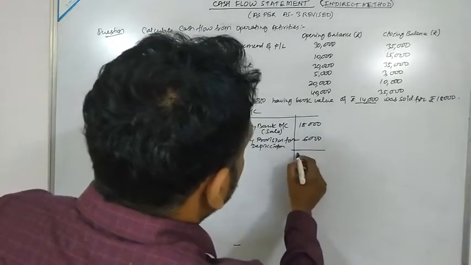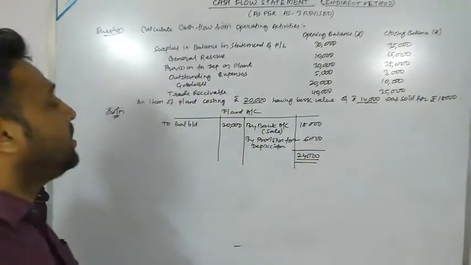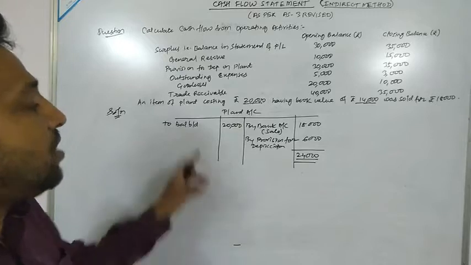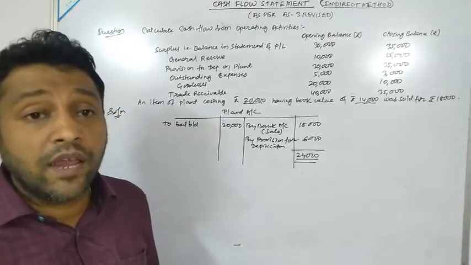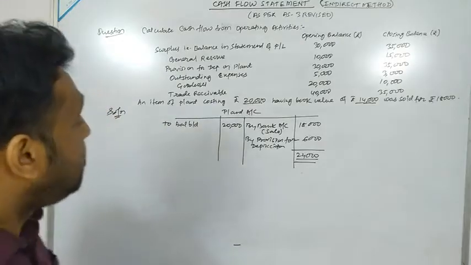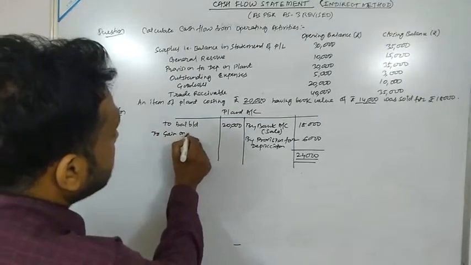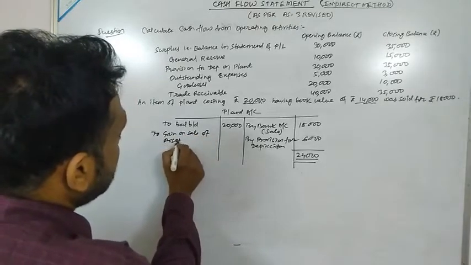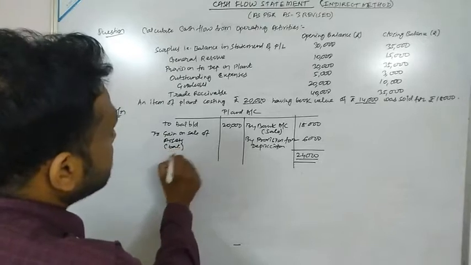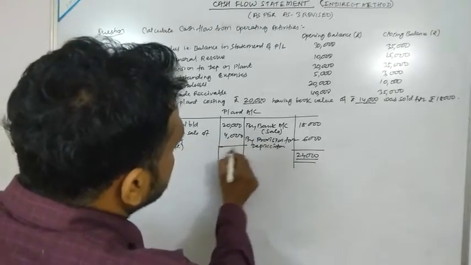The total is 24,000. Here the balancing figure is 20,000, so the difference figure would be considered as your gain on sale of assets. To gain on sale of assets, this will be a balancing figure. 24,000 minus 20,000 will be your 4,000.